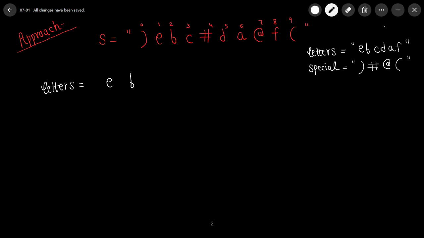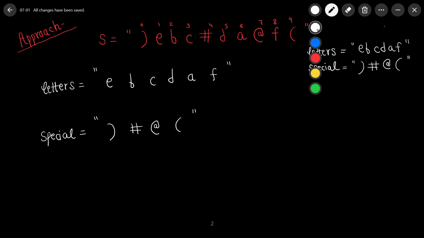E, B, C, D, A, F, and special is this one, right? Let me index them as well. 0, 1, 2, 3, 4, 5, 0, 1, 2, 3.